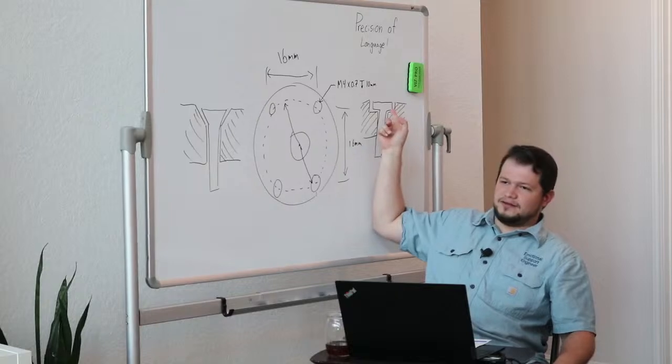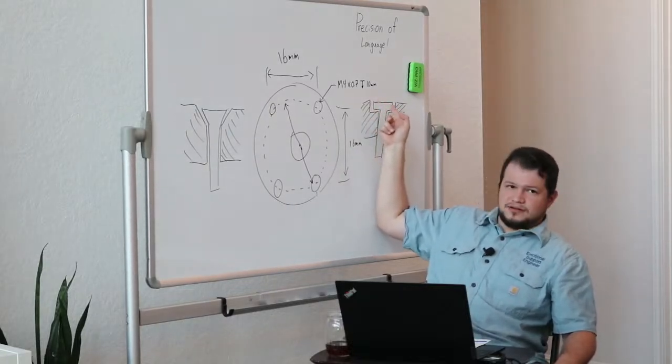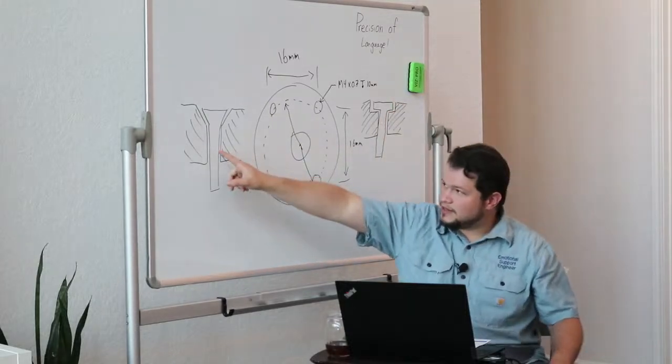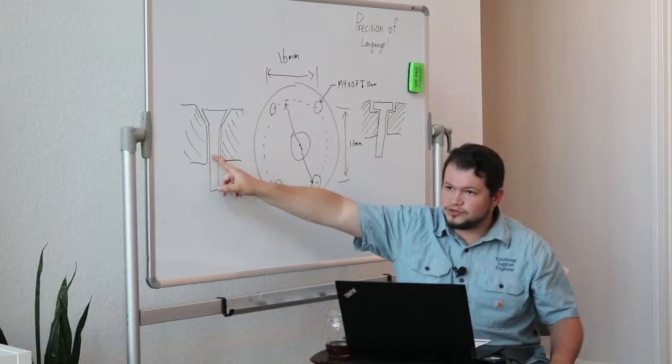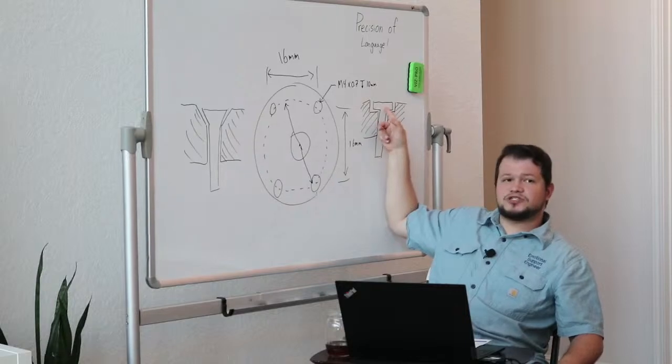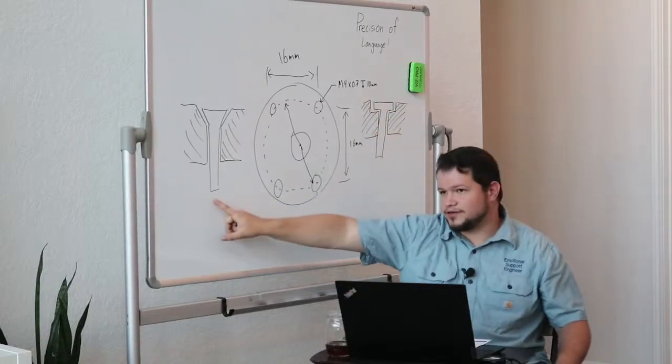But a socket head cap screw has a deeper key for the Allen wrench than typically a flathead screw will, and it's also usually bigger. So there's more material thickness there, meaning you can tighten this one down better than you can tighten that one.